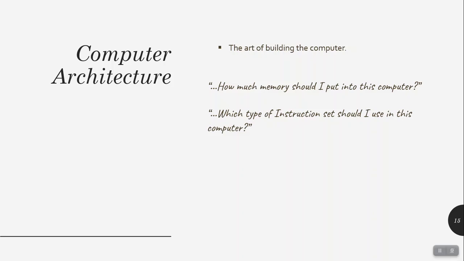So when we say memory, those are the random access memory or the RAM. So it's the one that holds the processes in your computer. So the higher the RAM, the more processes it could manage.